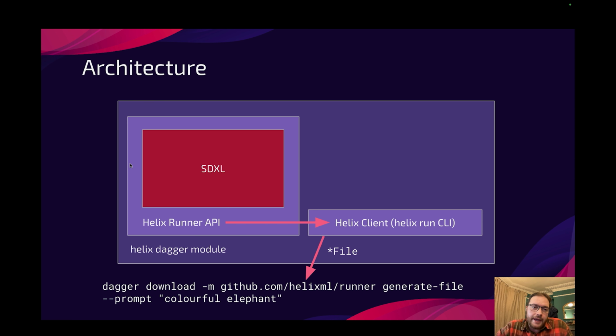So it started out that the runner was the thing which gets the file out of the image model, and my first attempt to get the runner to share the file with the client, so that the client could get it back to the user, was to use a shared cache volume.